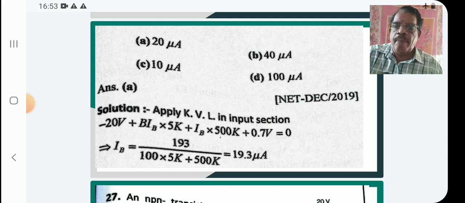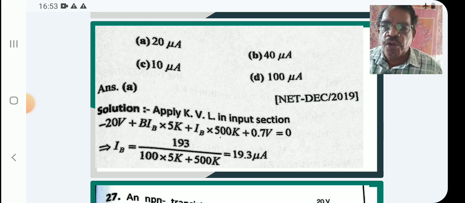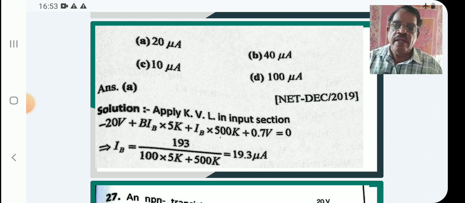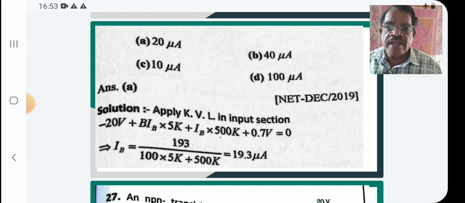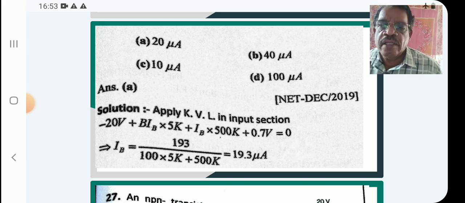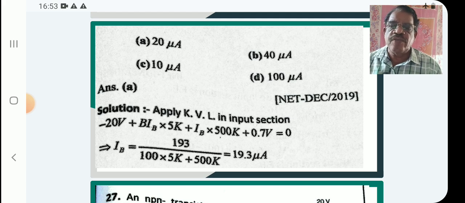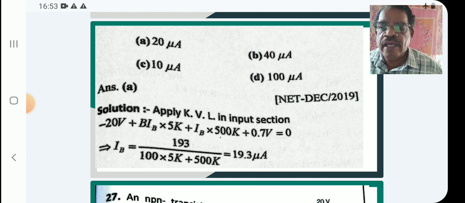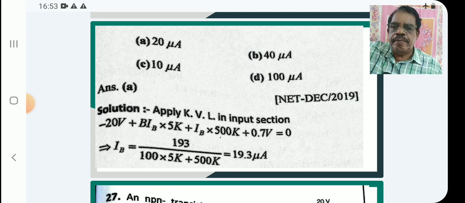In that manner, apply Kirchhoff's law directly, or apply the formula that you have studied in transistor biasing. You know there are three types of biasing: the base resistor method, the collector feedback method, and the universal bias method. This is the second biasing method, and there is a formula for it. IC, and hence IB, we can find.